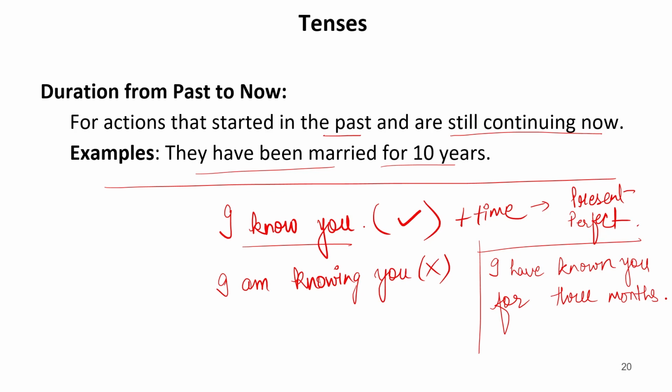We cannot write, I have been knowing you for 3 months. That is incorrect. These types of sentences, which cannot be in progress and can be formed in present indefinite tense only, if time is added to them, will be formed in present perfect tense and not present perfect continuous. So this is a very important point again.